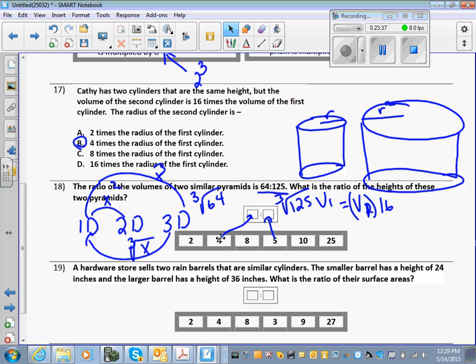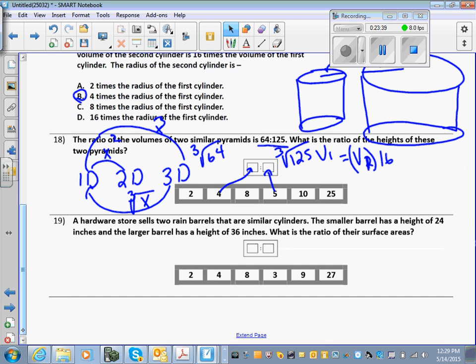And the last one: a hardware store sells 2 rain barrels that are similar cylinders. The smaller barrel has a height of 24 inches and the larger barrel has a height of 36. What is the ratio of the surface area? Remember, for 1 dimension to 2 dimensions, I have to square it.